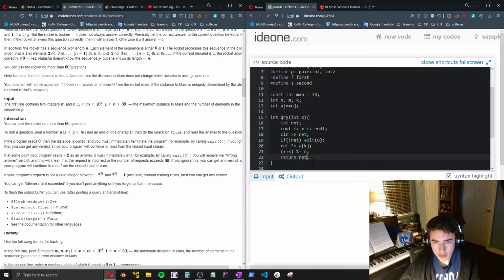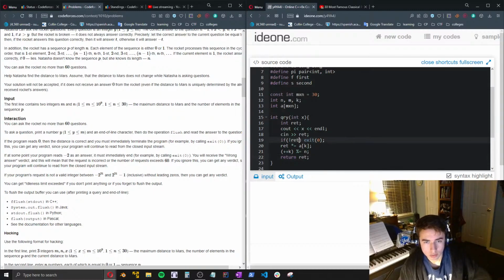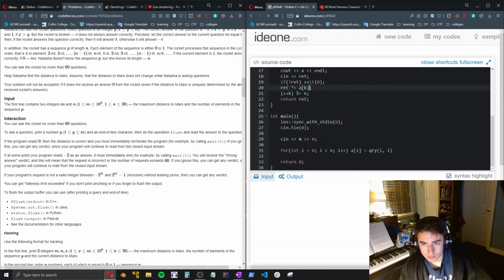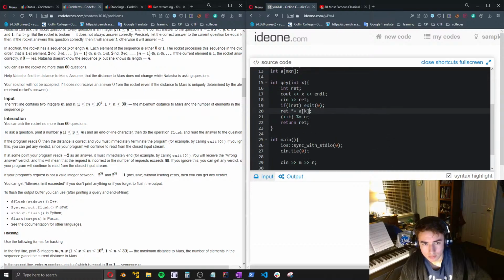Then we return it. Alright, so we're multiplying it. We'll have a of k equals 1. If a of k, ret times equals negative.